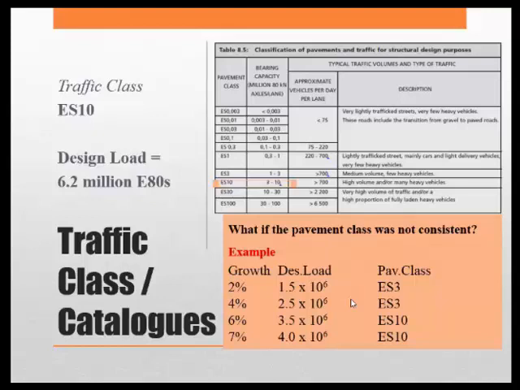In the example provided, the design load at 6% is too low to select an ES10, as growth is not guaranteed to be achieved. So, if the expected growth was 7% instead of 6%, then it would provide a stronger case for an ES10.